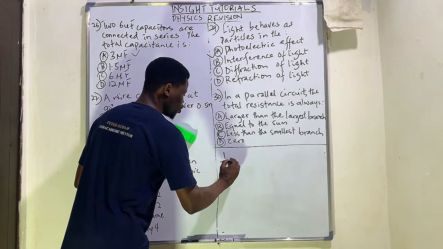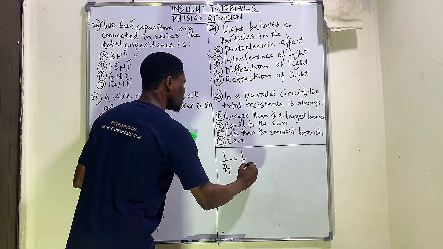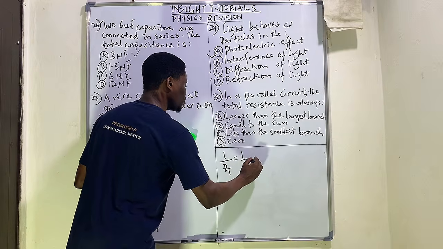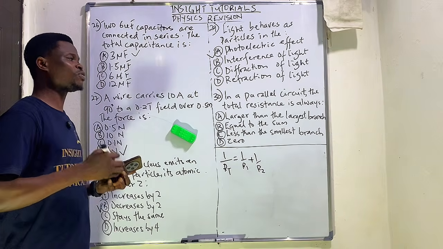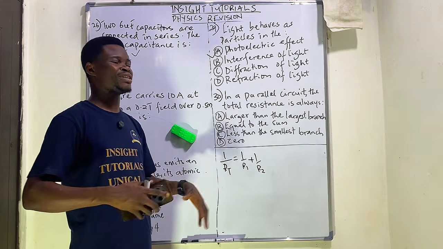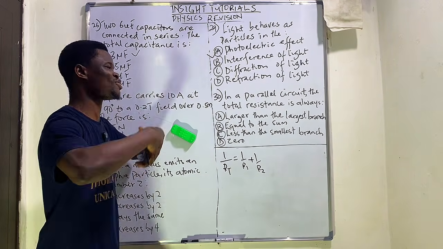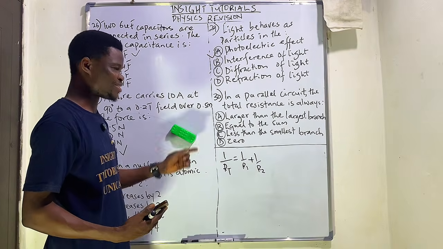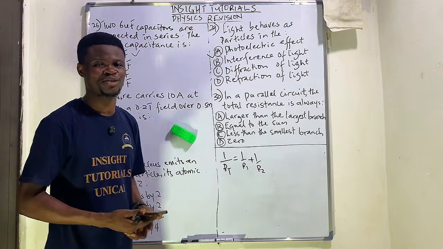It's simply 1 over the total resistance: 1 over R total is equal to 1 over the resistance of the first plus 1 over the resistance of the second. Now, anytime a circuit is connected in parallel, the total resistance will always be less than the smallest branch. That's the correct option. The total resistance will always be less than the smallest branch.